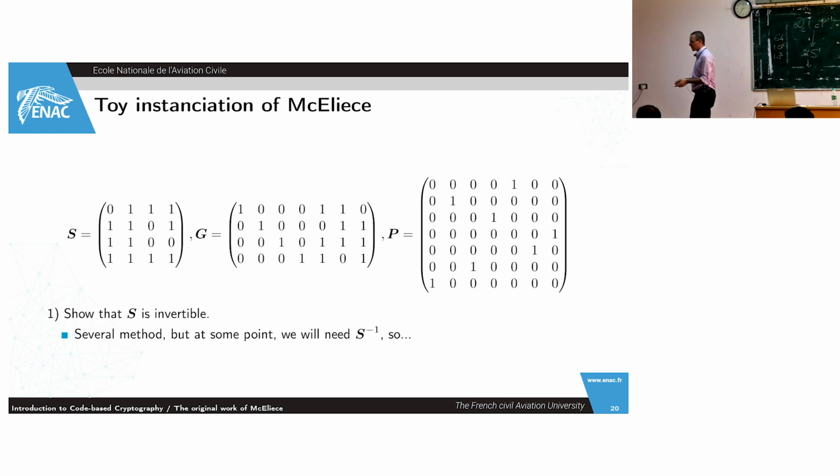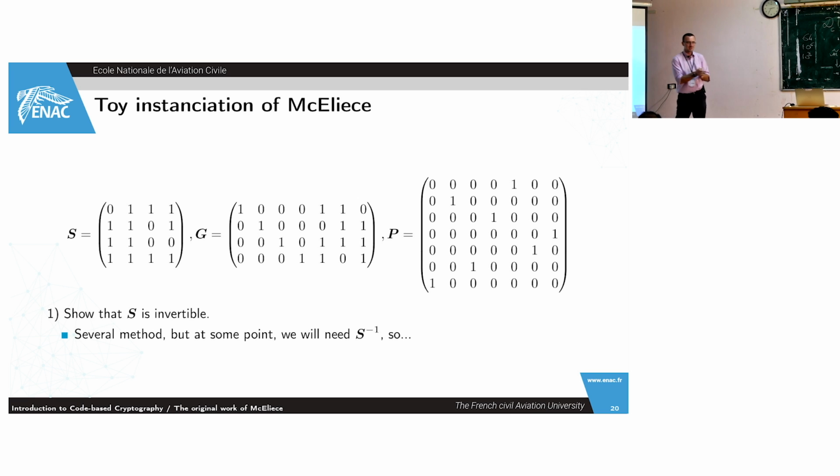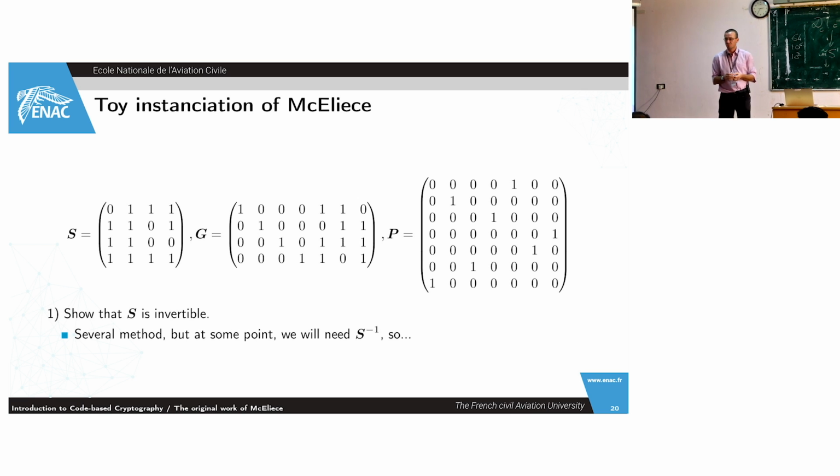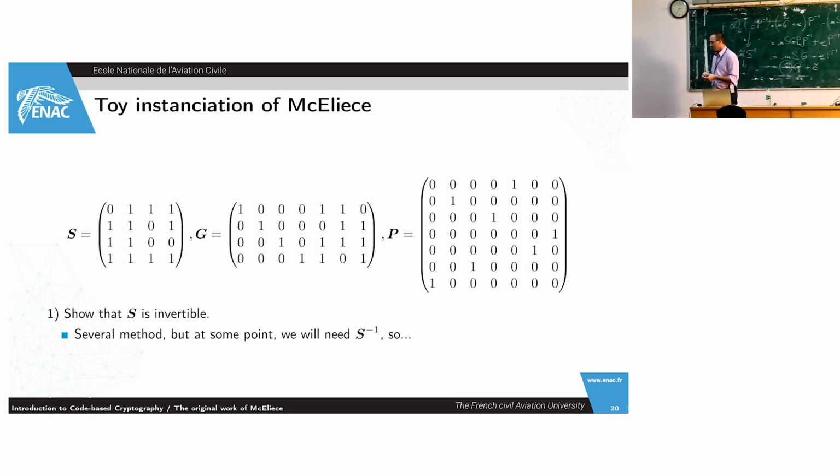So the first question for this lab is, show that S is invertible. There are several possibilities for this. Can anyone tell me how to do this? Yes, we can compute the determinant. Okay.